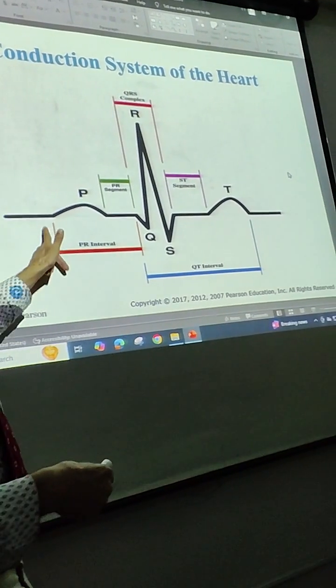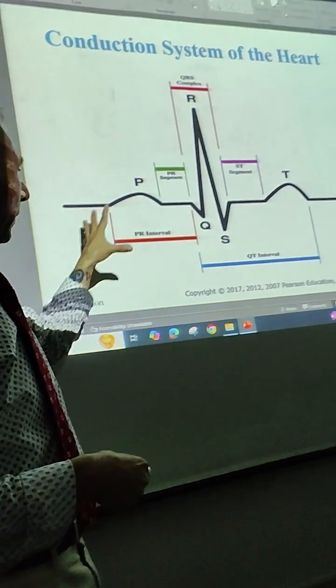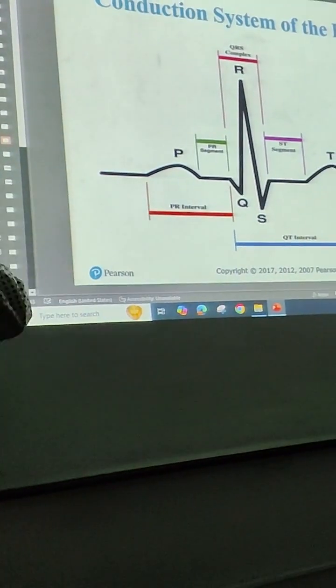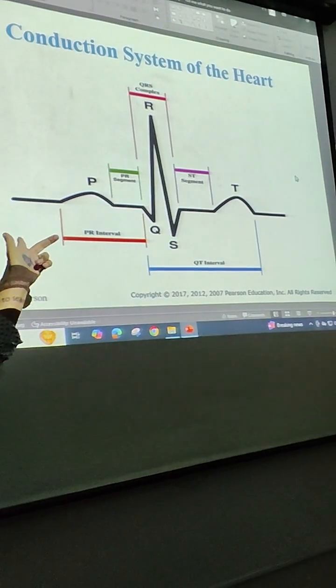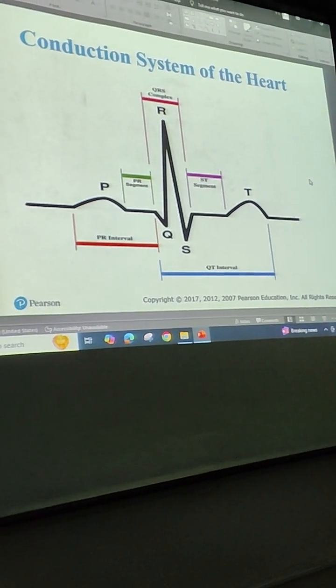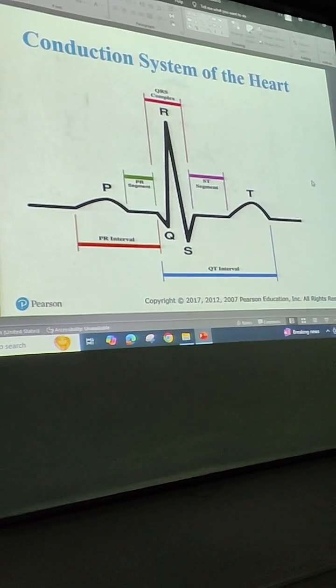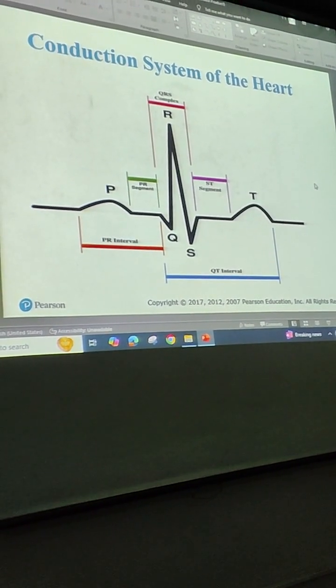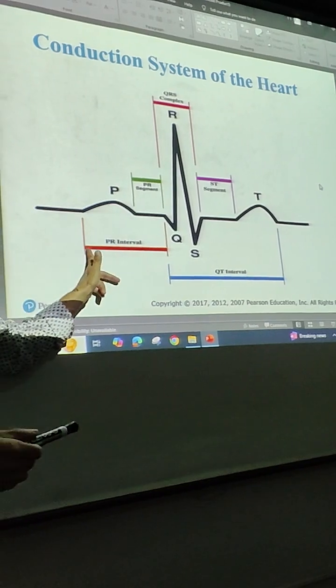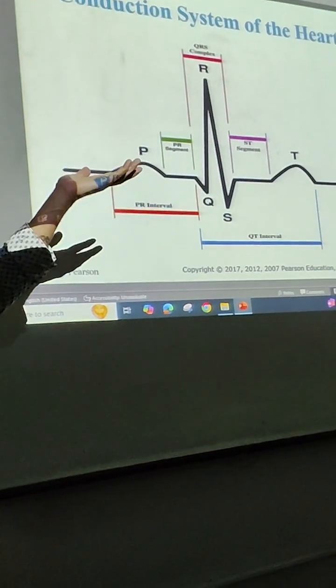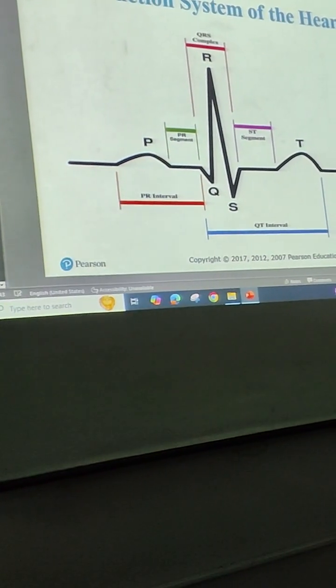PR interval. What do you see about the PR interval? What is the most obvious answer right there? Is it how long, the distance, from here to there? Let's put the distance. In between what?